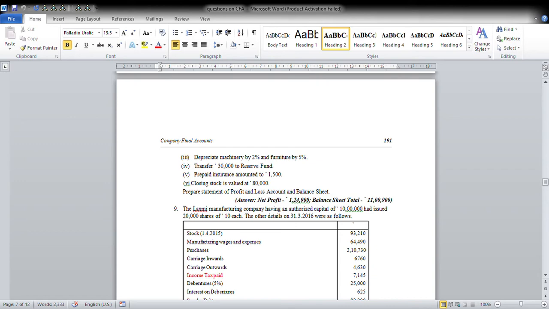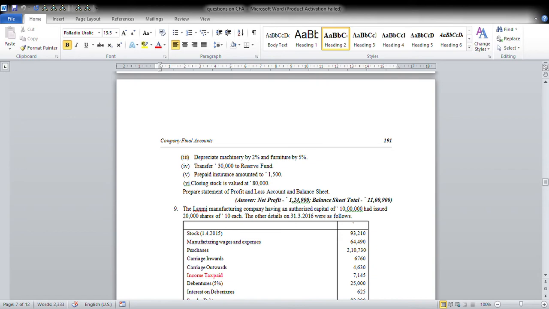First, we need to minus towards the reserve fund. So let's transfer to the reserve fund. According to the question, it's been given as transfer 30,000 to the reserve fund. So let's minus 30,000. I'll just put this in the inner column itself because there are some other adjustments also to be given.